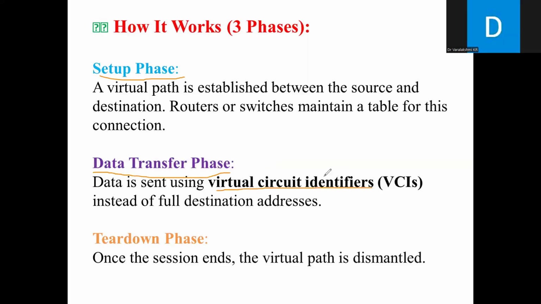As explained in the previous session, VCI is the virtual circuit identifier, used instead of the full destination address. I will explain the VCI table in a further slide. The third phase is the tear down phase. Once the session ends, the virtual path is dissolved, that is, disconnected.